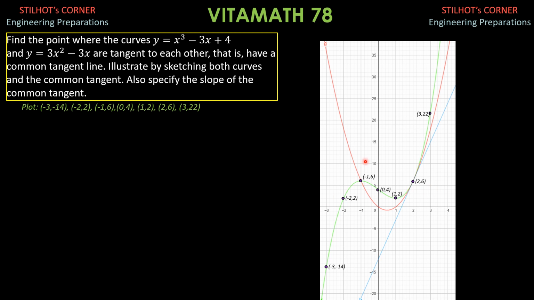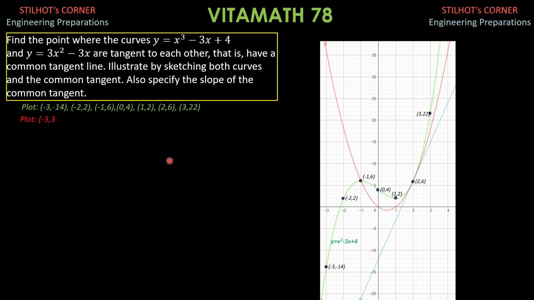Then for the red curve, which is a parabola, when x is 0, of course y is 0. But let's begin with negative 3 and end at 4. So start negative 3, end 4, and step is 1. By the way, the green curve has the equation y equals x cubed minus 3x plus 4 as shown.